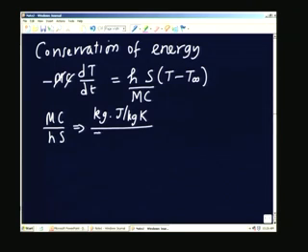So, watts is nothing but joules per second, into 1 over meter squared Kelvin. You see that meter squared will cancel off with this, Kelvin will cancel off with this, kg will cancel off with this kg, joules will cancel. So, the unit is second.